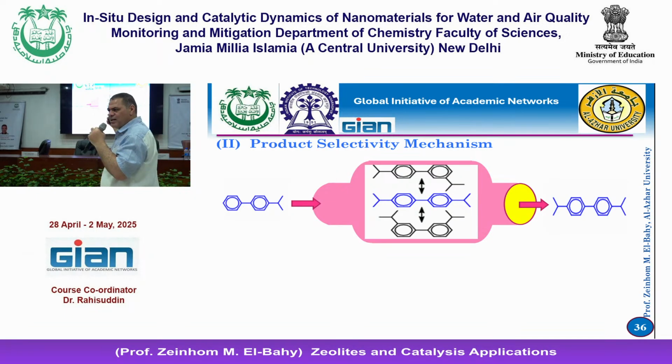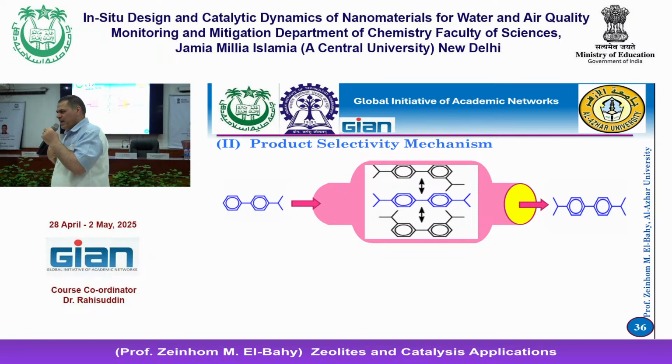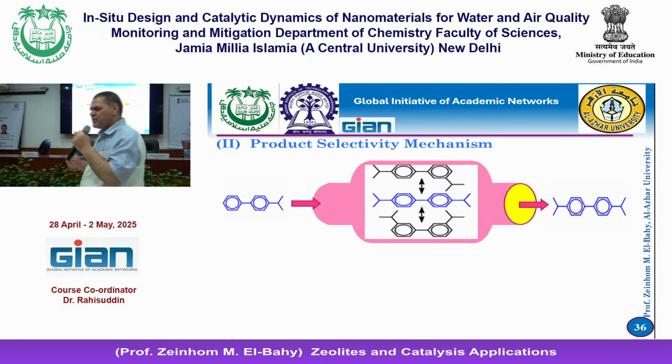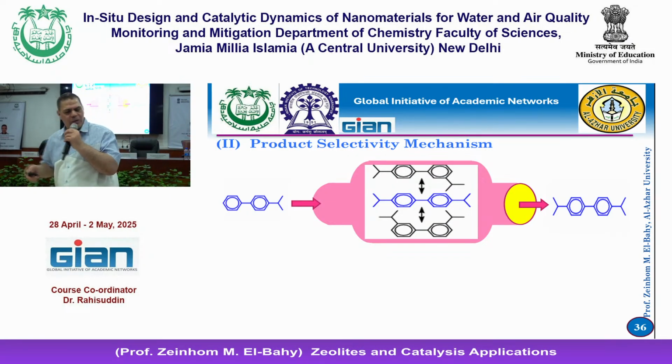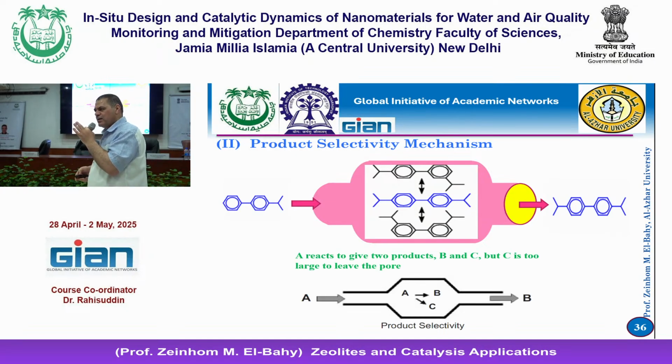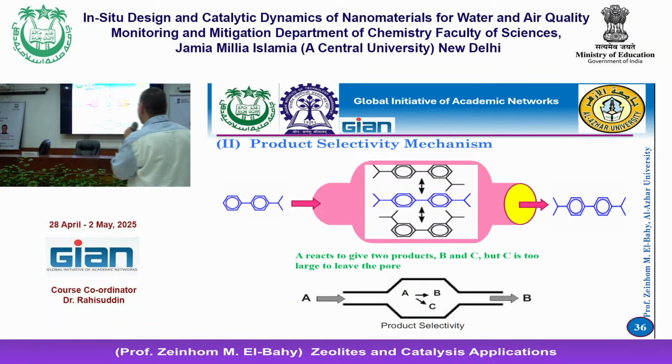Here the zeolite will make a filtration for me, will make a separation, and it will give me this product, and the others will stay there because of steric hindrance. They can't go out. Like in this case, if A enters inside, B and C will be formed. Only B can go out, and C stays there. This means I make a filtration, or I could make product selectivity. Which product can it release?